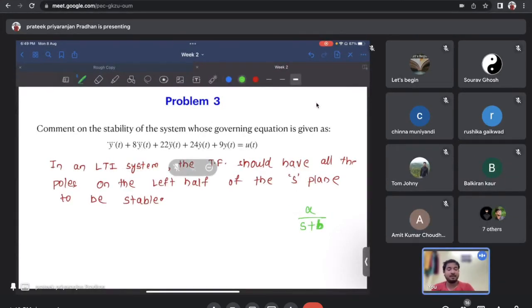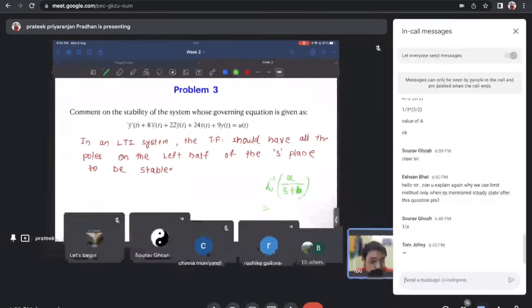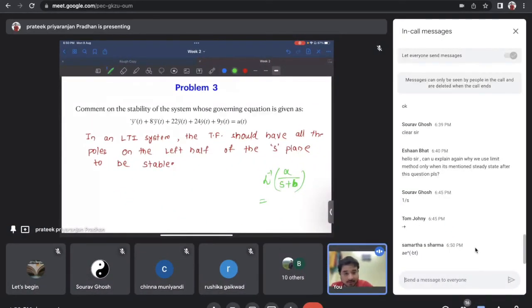What is the inverse Laplace transform in time domain? It's very simple. Samartha says A e to the power minus Bt. Absolutely correct. It's a perfect answer.